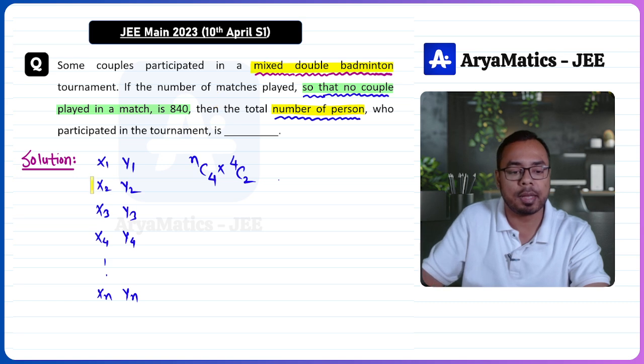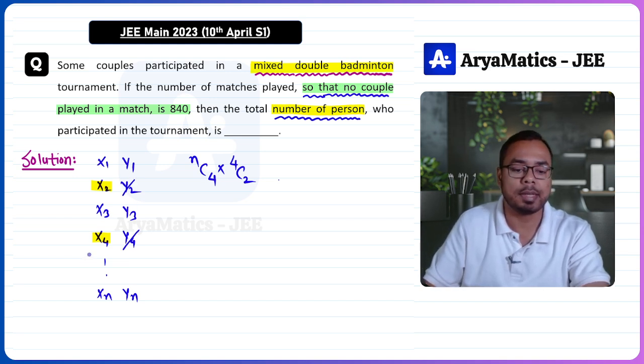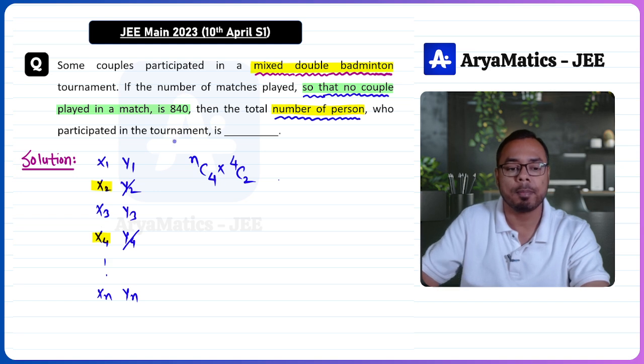Maybe you have selected x2 and x4. These two male you have selected. Then you cannot select y2 or y4, because in the same match we cannot have a couple playing together or against each other. So once you decide that these two male, x2 and x4, are selected, the other two female must be y1 and y3.